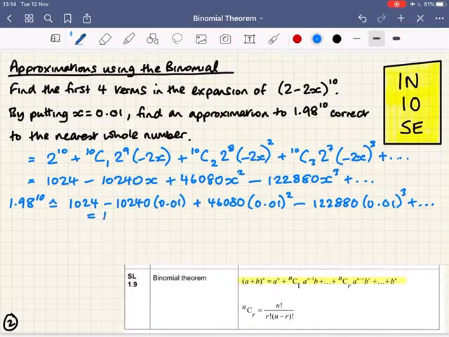So this gives us 1024. I'm then dividing 10,240 by 100 when I multiply by 0.01, so that will give me 102.40. This time I'm dividing by 100 twice, so I'll end up with 4.608. And then here I'm dividing by 100 3 times, which will give me minus 0.122,880.